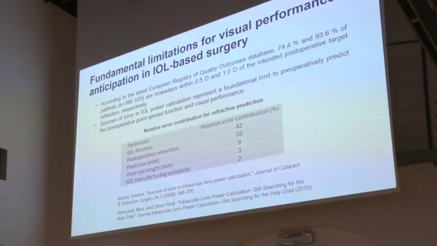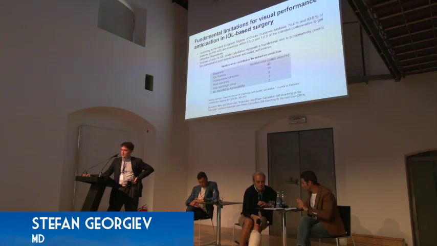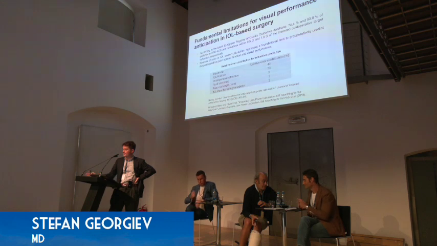But now I also want to explore some of those limitations, because they're all related to the potential of ray tracing, but also some inherent fundamental obstacles or barriers which hinder the improvement of refractive predictability. So this is for normal eyes, not post-surgical refractive eyes.